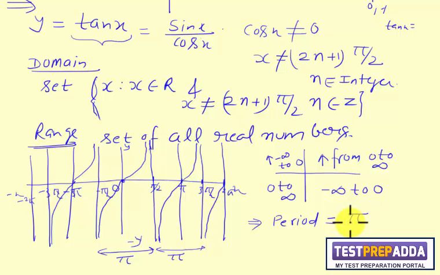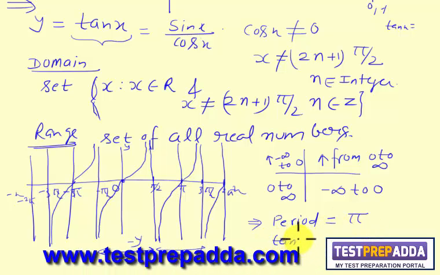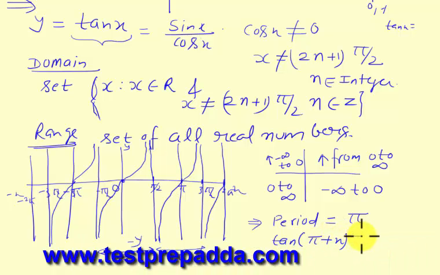Now recall, the period of sine was 2 pi, cos was 2 pi, but for tan, the period is coming as pi. Got the idea? So I can write tan of pi plus x is equal to tan x. Got it?